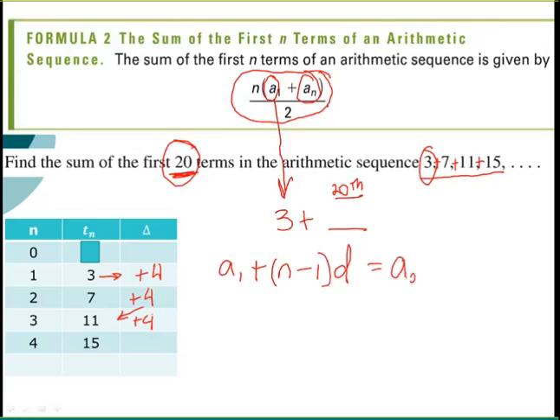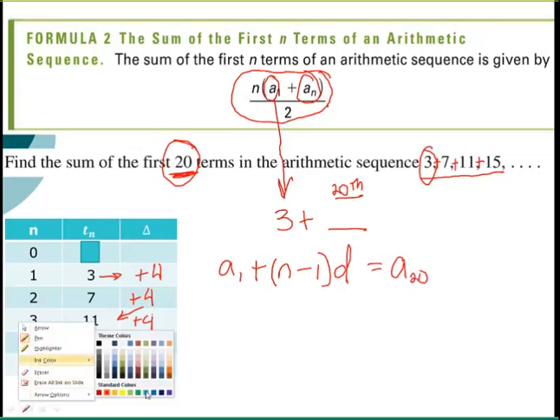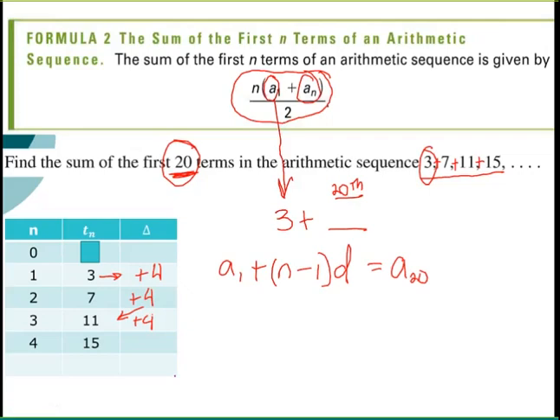So this will give us our a of 20. So let's go ahead and plug in what I know. I know my first term is 3. I know my n is going to be 20 because I want the 20th term, minus 1 times my common difference, which was found, is adding 4.